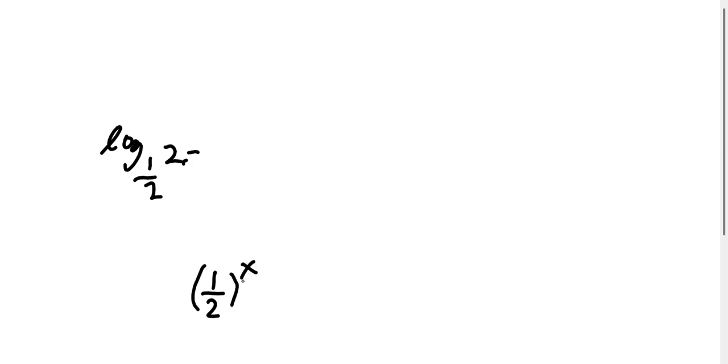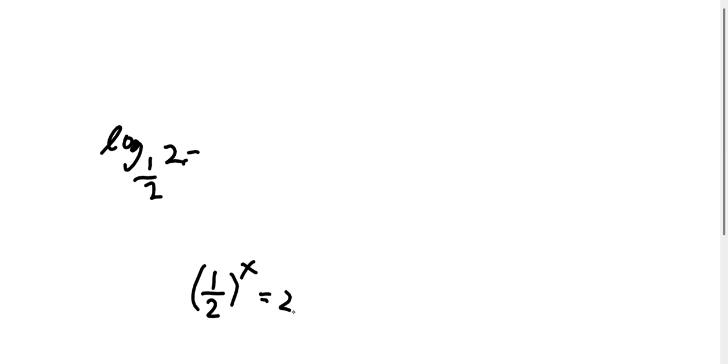Now, let's dive into a more complex problem. Let's say we have log base 1/2 of 2. What is this? Essentially, this is saying that 1/2 raised to the x is going to equal 2. Now, there's multiple ways to figure this out.